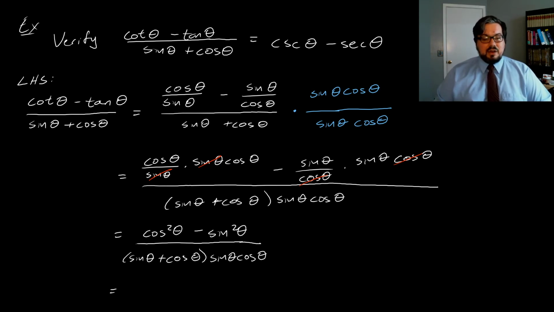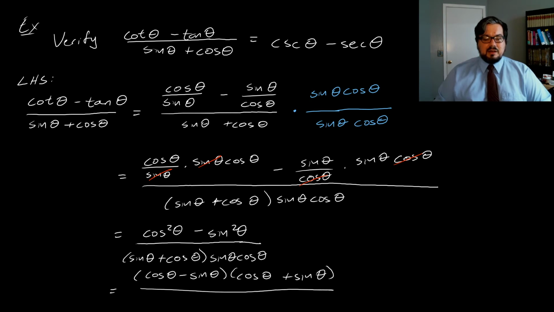So we can take cosine squared minus sine squared and factor it, because that's a difference of squares, and get cosine theta minus sine theta times cosine theta plus sine theta all over sine theta plus cosine theta times sine theta cosine theta.